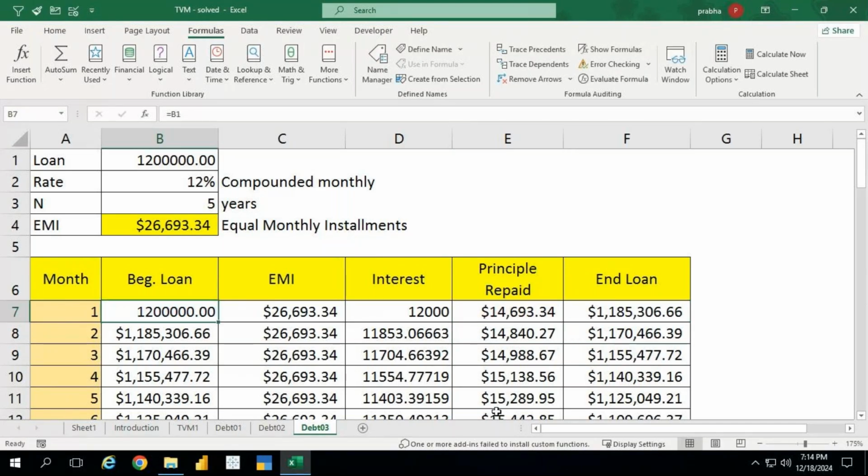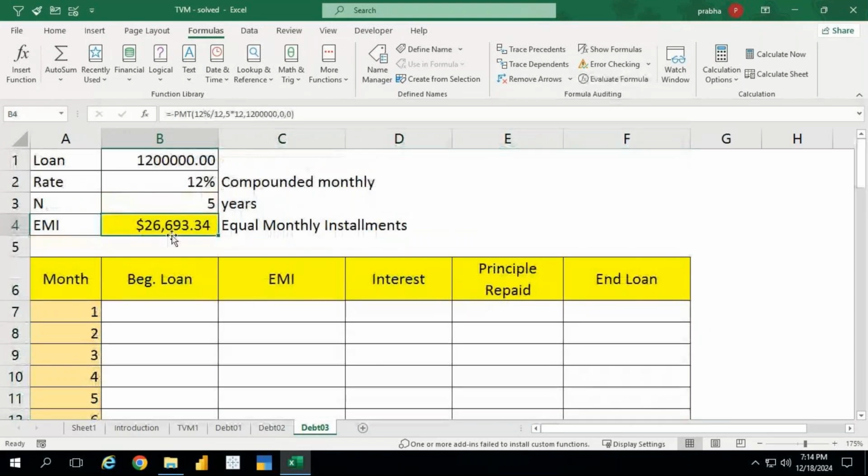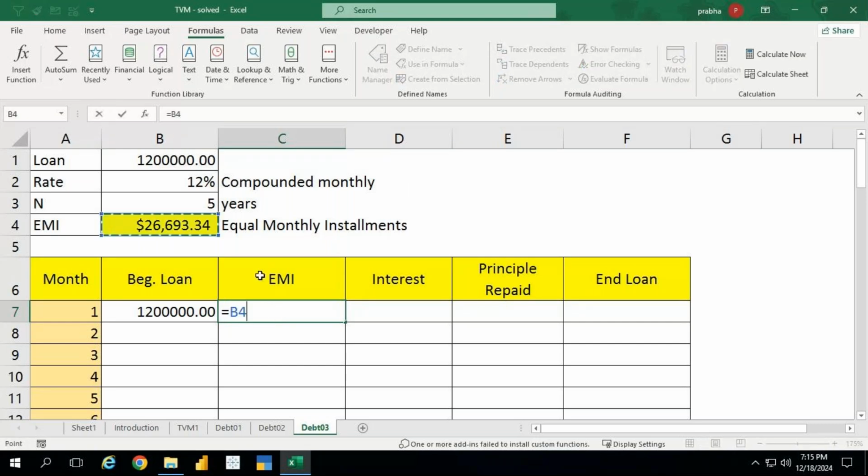So I'll show you once again. I have calculated the EMI. I hope you people understood how the PMT calculation is done. I have taken the minus sign here. So here beginning loan will be 12 lakh. Okay, EMI, this amount I am going to take. Then interest will be equals 12 lakh into 12% divided by 12.